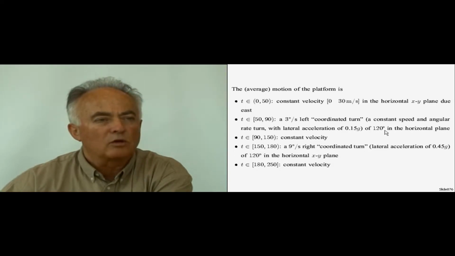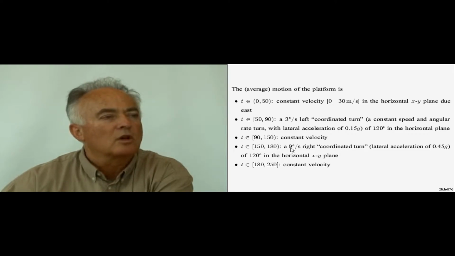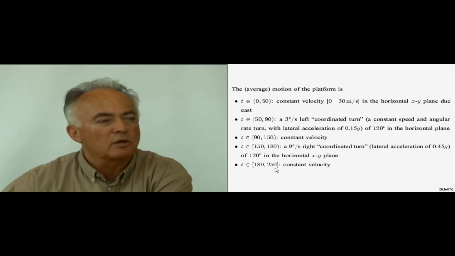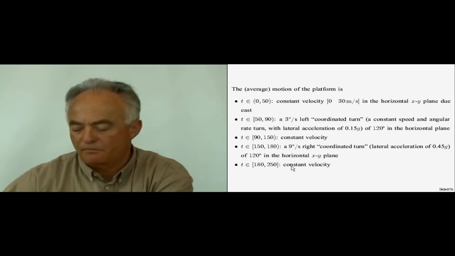The total angle of turning is 120 degrees in the horizontal plane. For the next 60 seconds, constant velocity or nearly constant velocity. Next 30 seconds, 9 degrees per second. This is a pretty sharp turn, almost half a g, again in the horizontal plane, followed by 70 seconds of constant velocity motion.